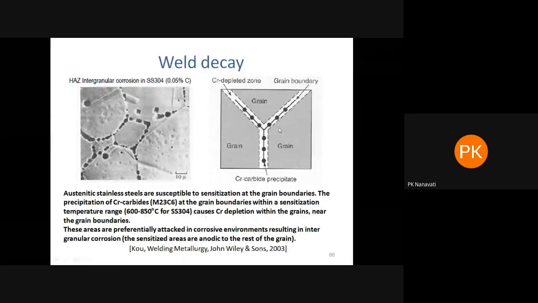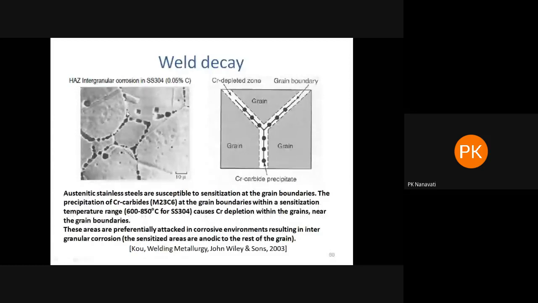So the chromium from the area nearby the grain boundary quickly combines with the carbon, and Cr23C6 is formed along the grain boundary. Here in the actual picture you see a severe chromium carbide precipitation along the grain boundary. This precipitation gives very poor corrosion resistance, right?